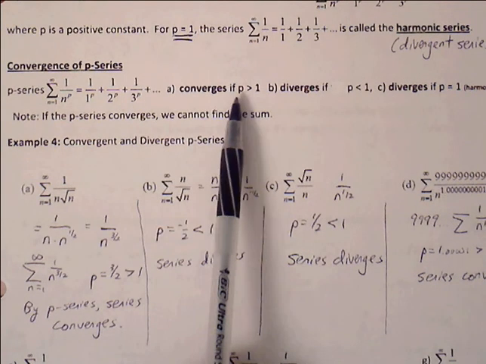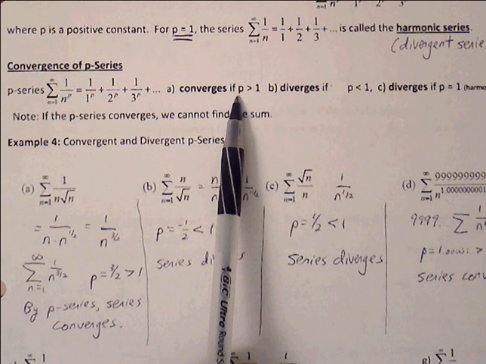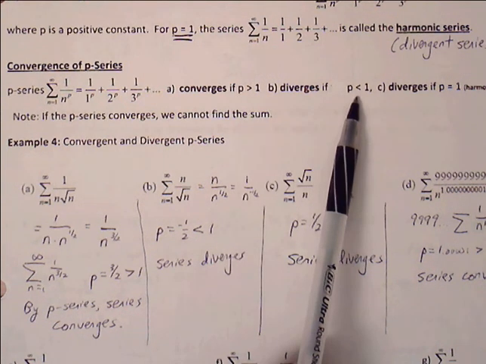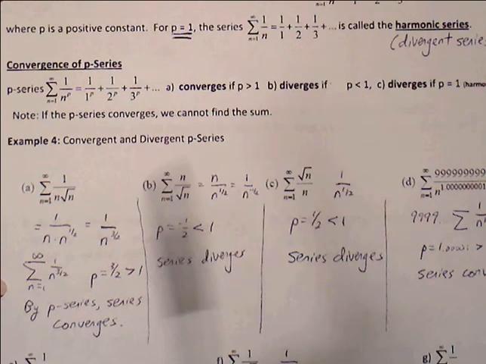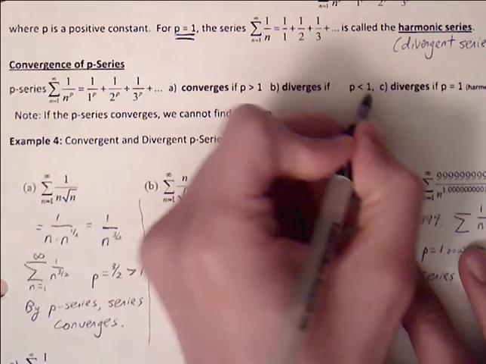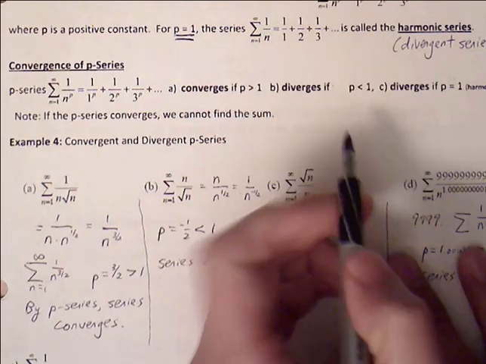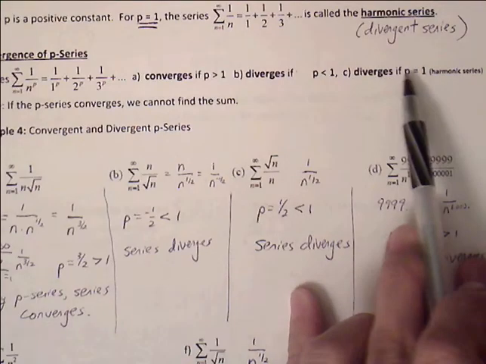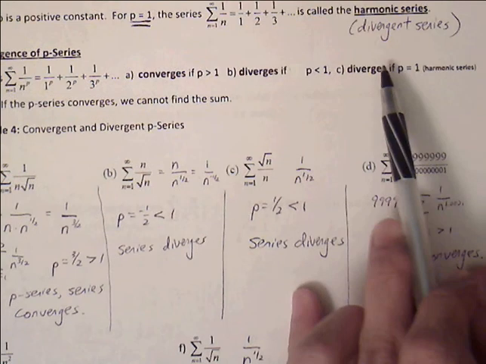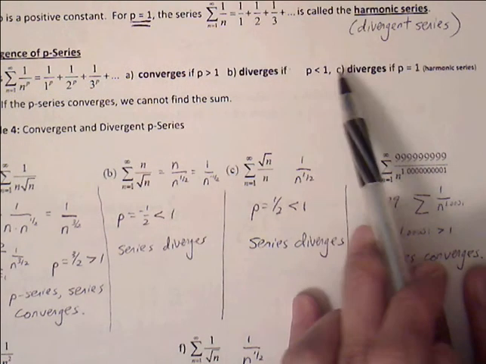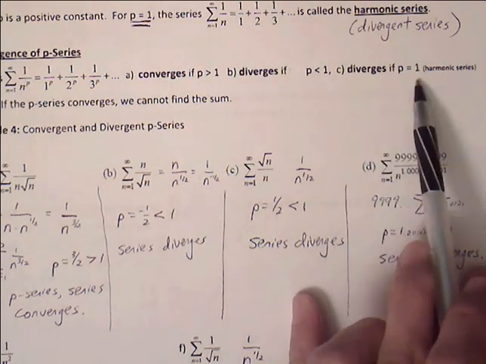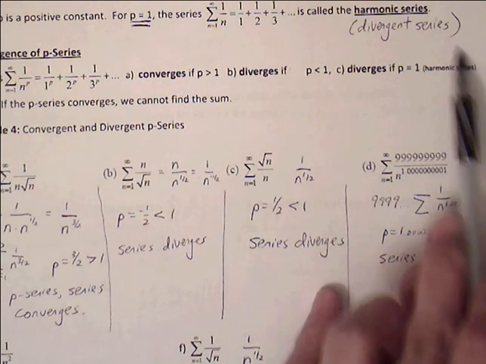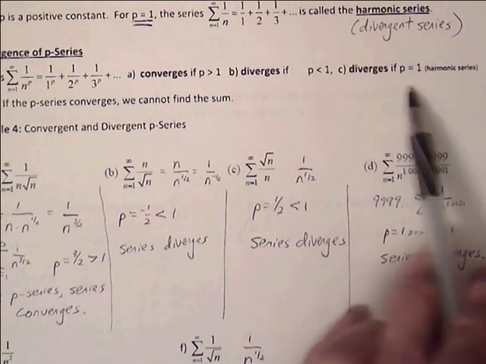All right, so here's the rule for p-series. A p-series will converge if p is greater than 1, and will diverge if p is less than or equal to 1. I split this up into another condition where it will diverge if p is equal to 1. Technically, b and c are the same condition, but I split them up because we have a special name for p equals 1, the harmonic series, and there are some special traits with this that we're going to see later on.